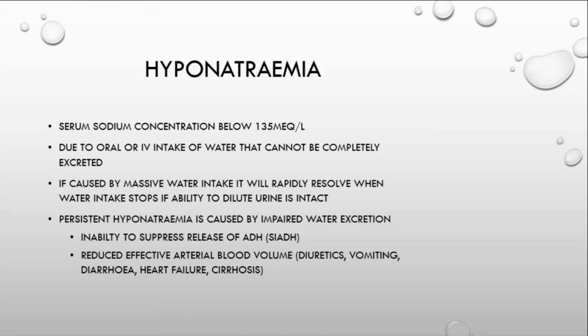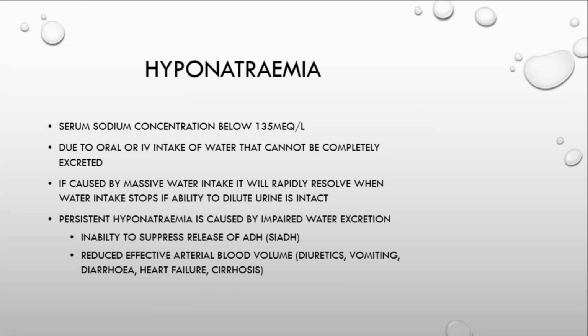So now we're going to move on to sodium imbalances. So hyponatremia is a serum sodium below 135, and it's due to the oral or IV intake of water that can't be completely excreted, as we've said. And if it's caused by a massive water intake, it will rapidly resolve when the water intake stops.